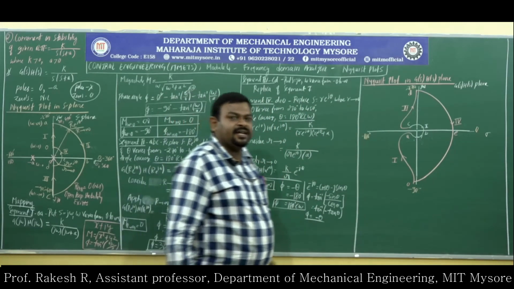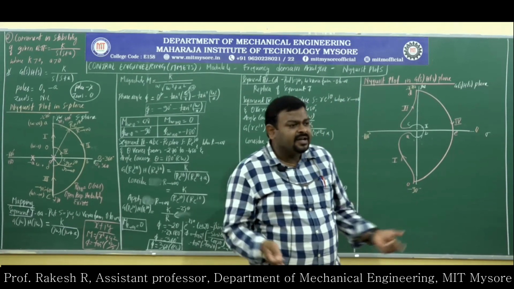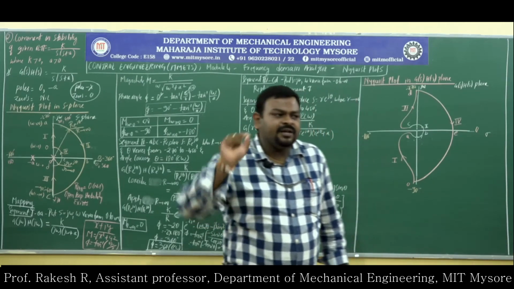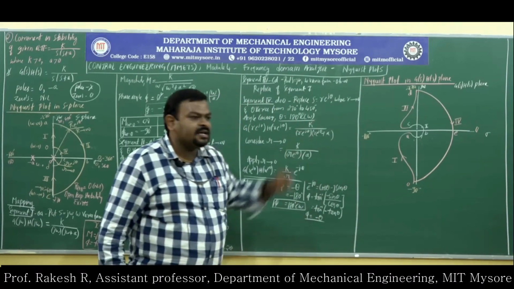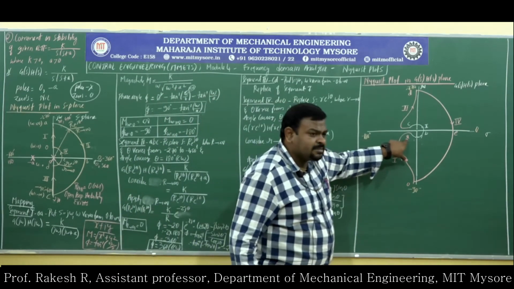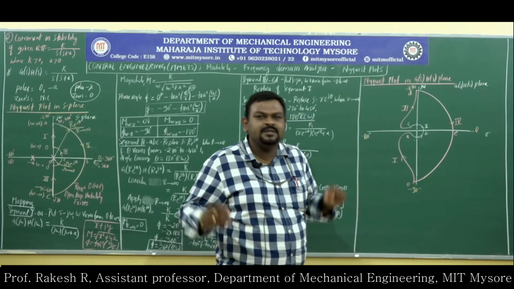What do you have to calculate here? You have to calculate the encirclement about the negative real axis. Is any plot crossing the negative real axis here? From the figure itself you can conclude. Is this plot crossing the negative real axis? No. That means there is no encirclement.